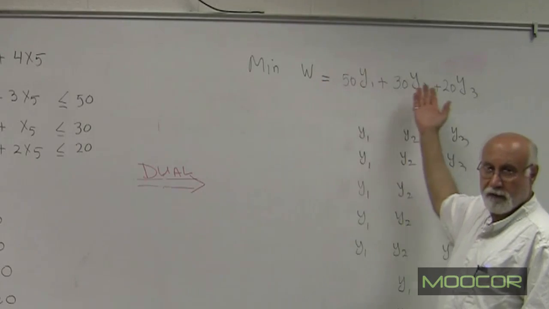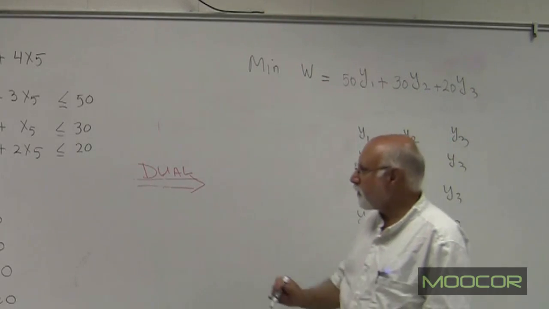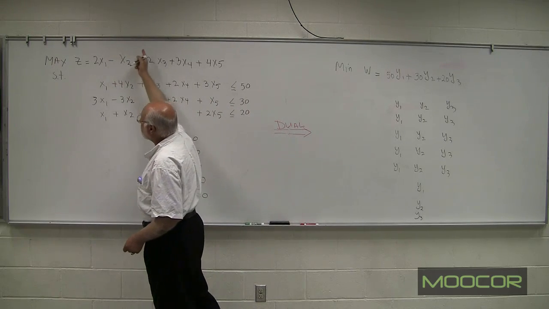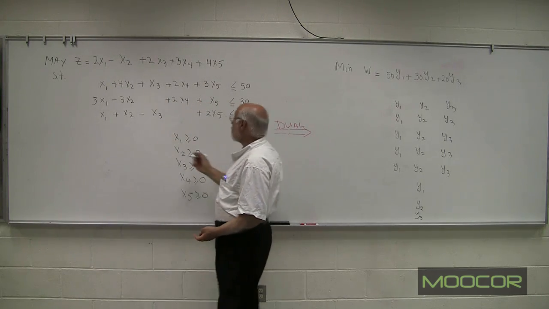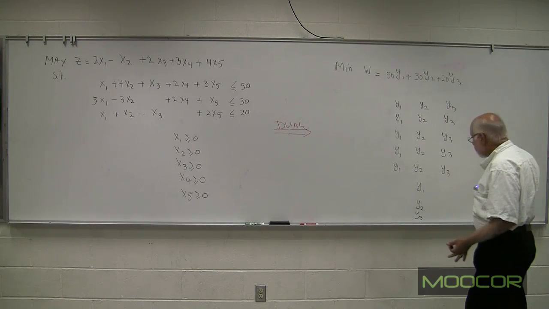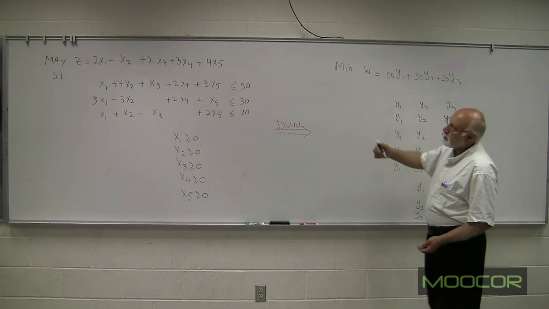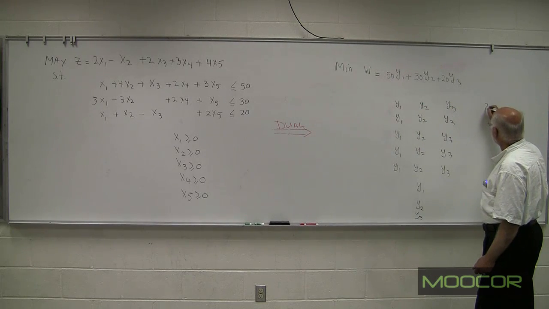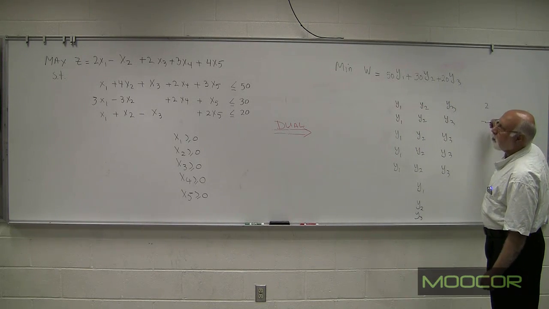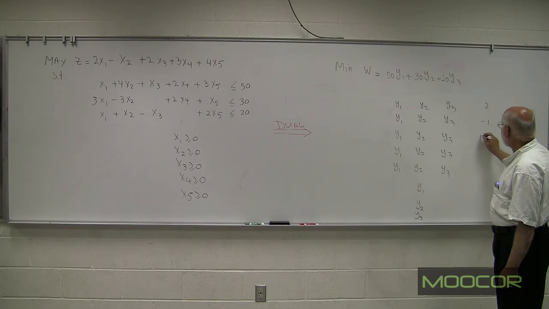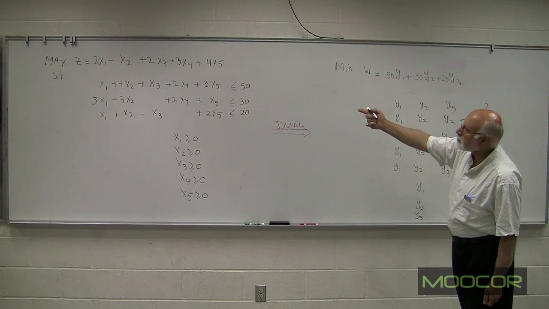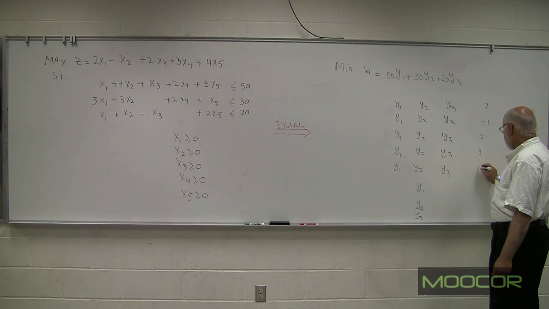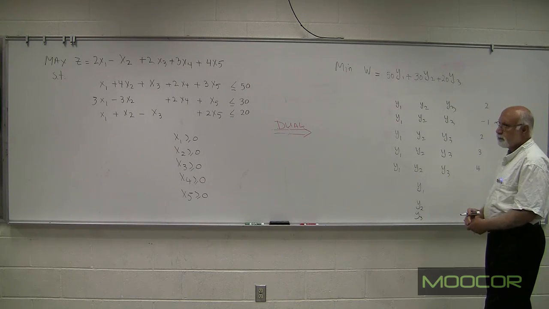That takes care of the objective function. Then the c values in here become the b values for the dual. So that is 2, minus 1, 2, 3, and 4.